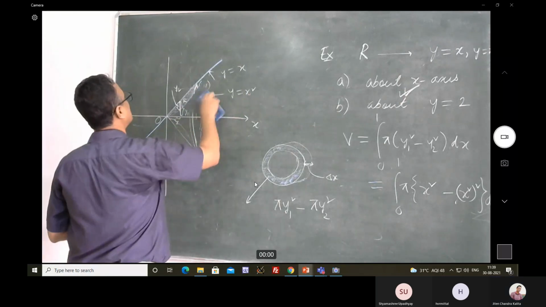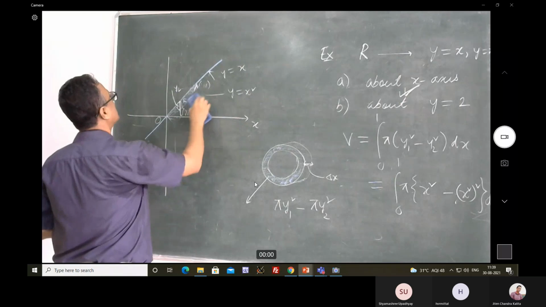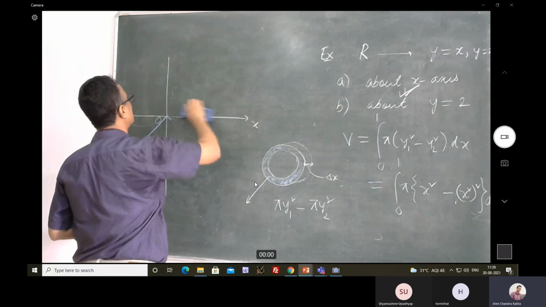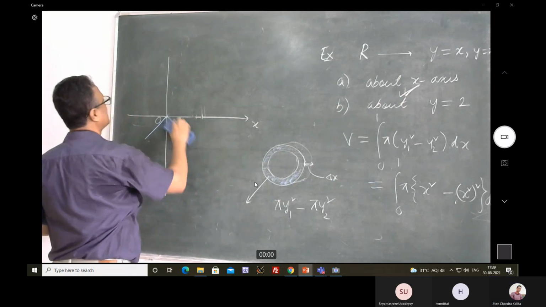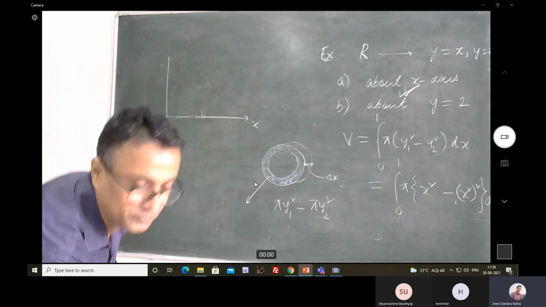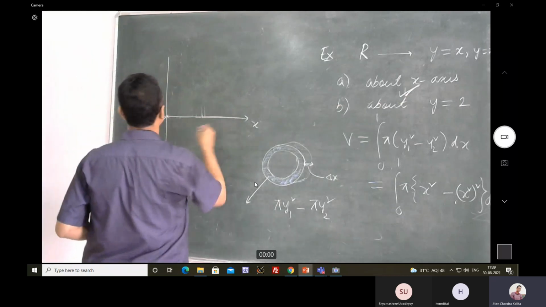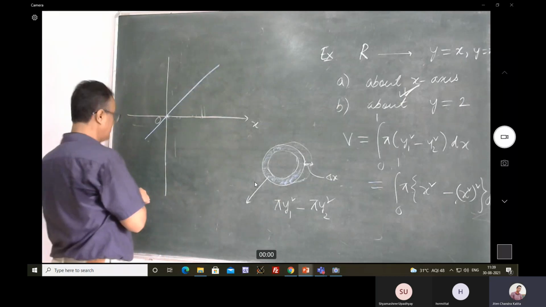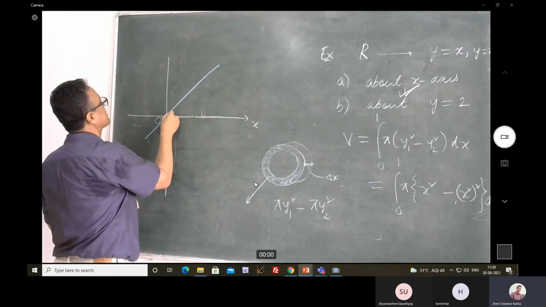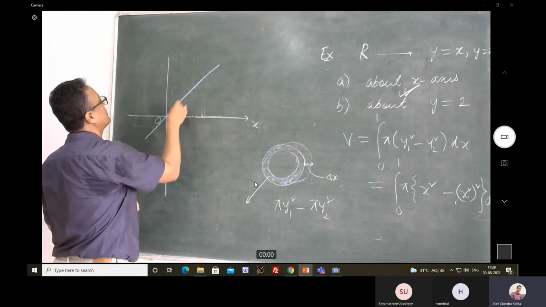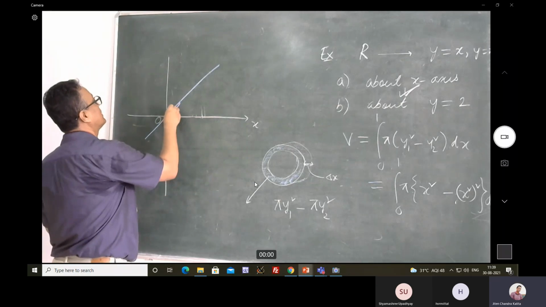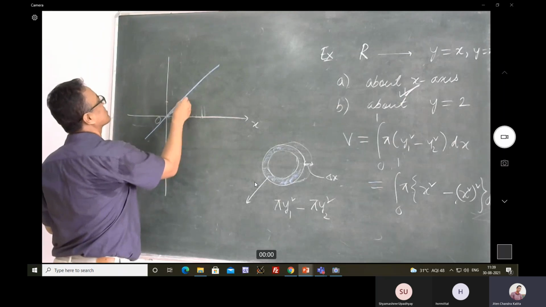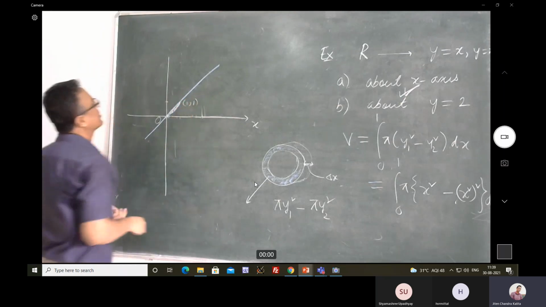Let me read it. Let me make it a bit smaller, I have a purpose for that. This is still my region, but I'm making this 1, this 1.